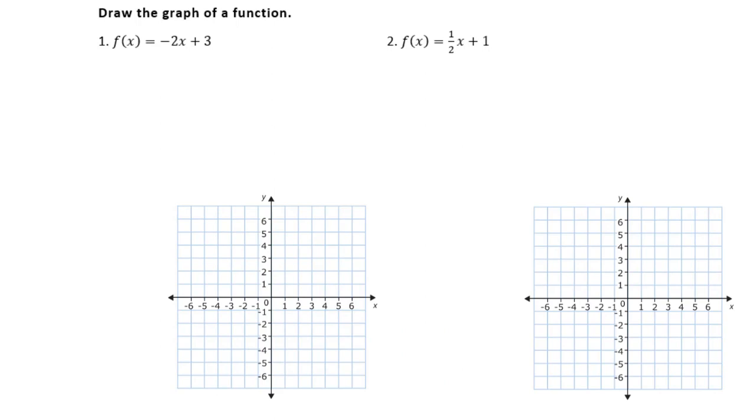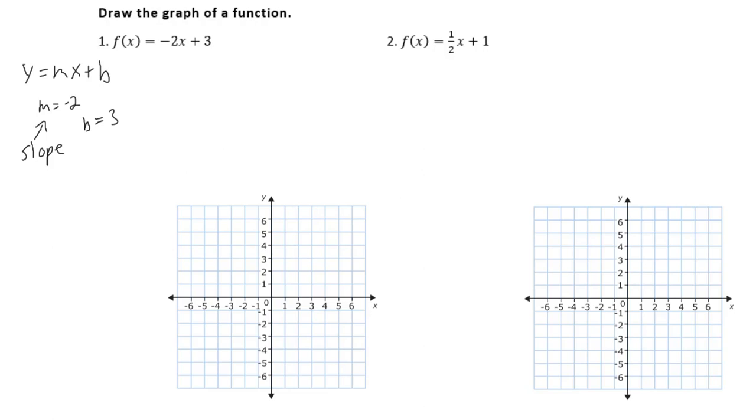All right, we are going to graph these. So what we are going to graph is we are going to look at this. We have two different ways that we can graph. One, we can graph using slope-intercept. So we identify using y equals mx plus b. So our m is -2, and our b is 3. So this means the slope is -2.